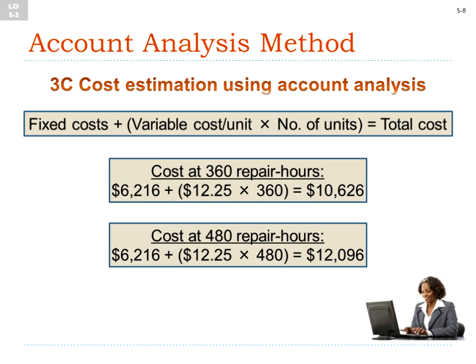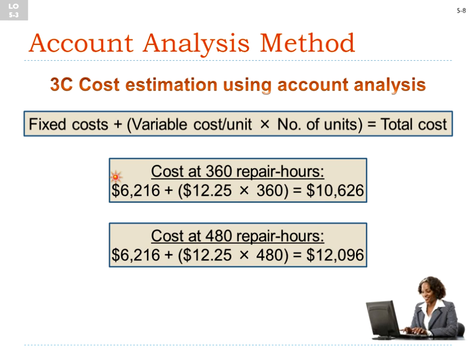So now that you have your fixed cost and your variable cost per unit, now you can use those numbers to estimate cost at different levels of repair hours. So to check our math, for the 360 repair hours, we take our fixed cost, which was 6,216.